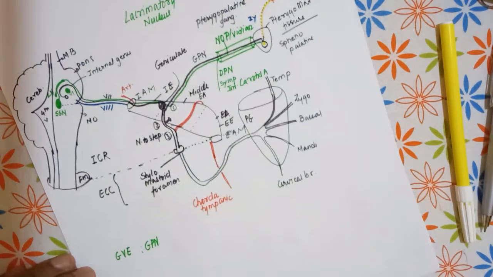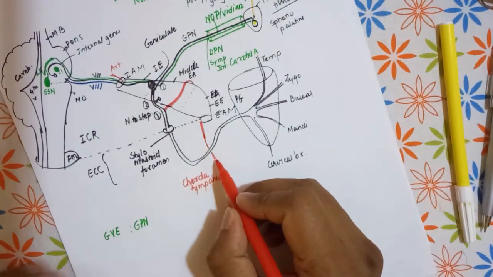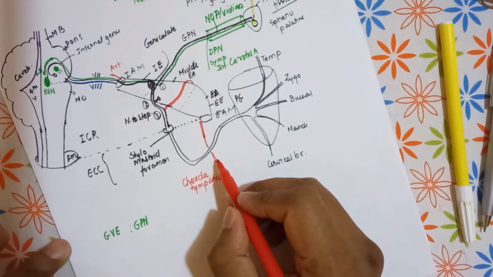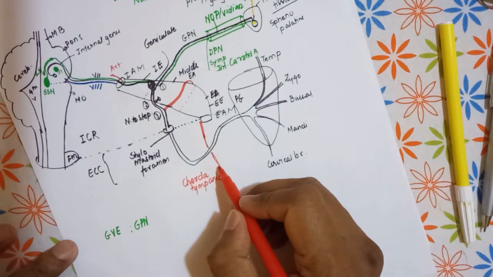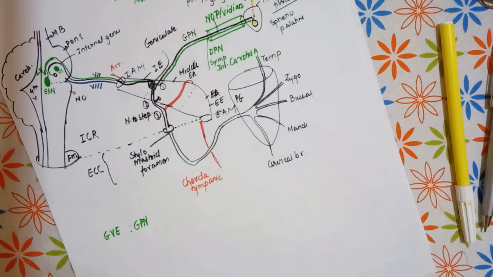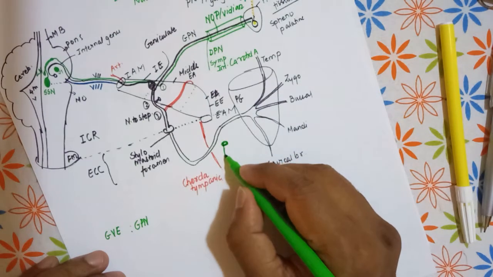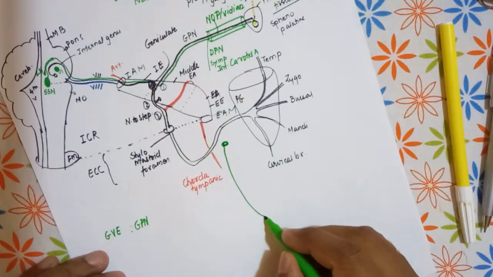Now this is our second parasympathetic secretomotor fibers. Once it comes out from the base of the skull, it will again take the help of a nerve called the lingual nerve. So say this is my lingual nerve.